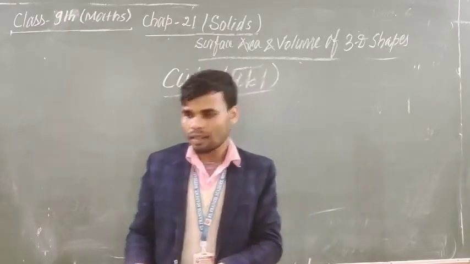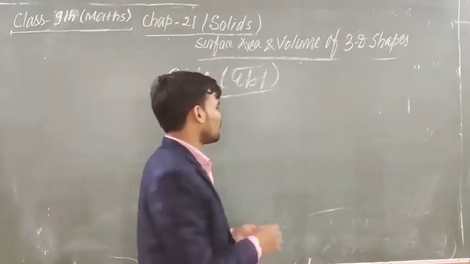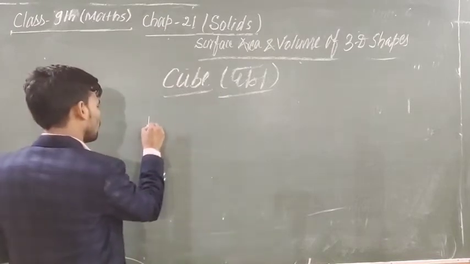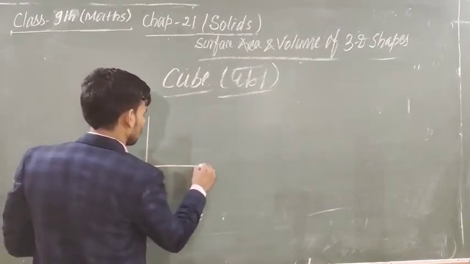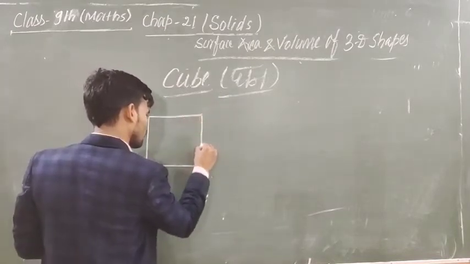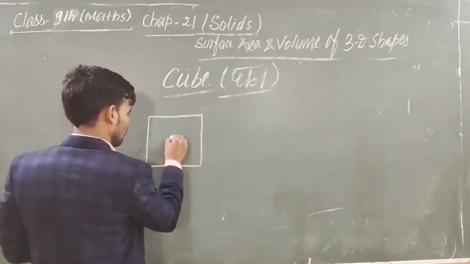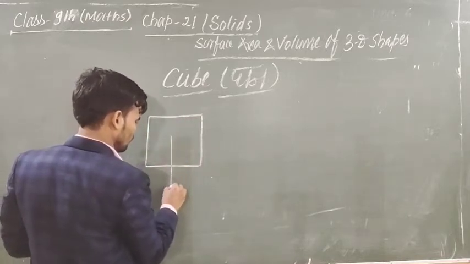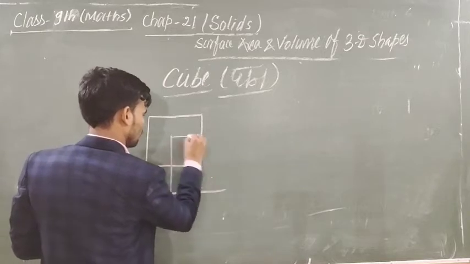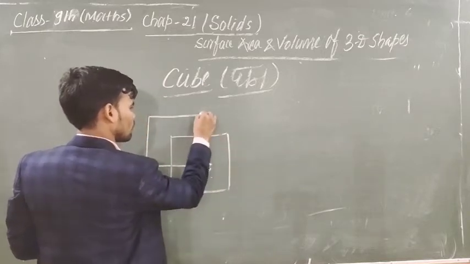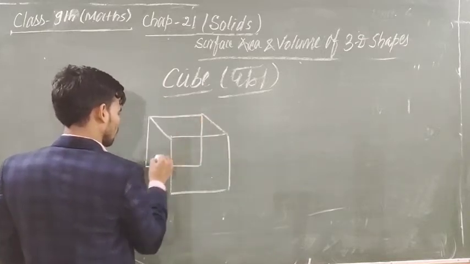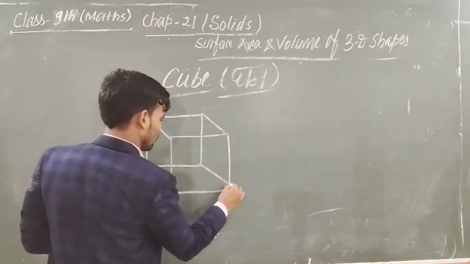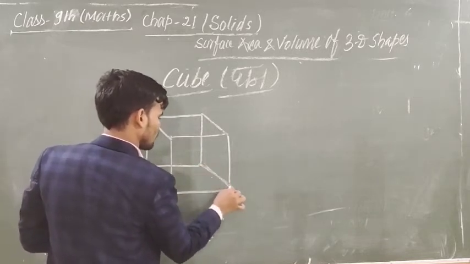This is how we can understand on the board also. Suppose this is a cube whose edge is a.